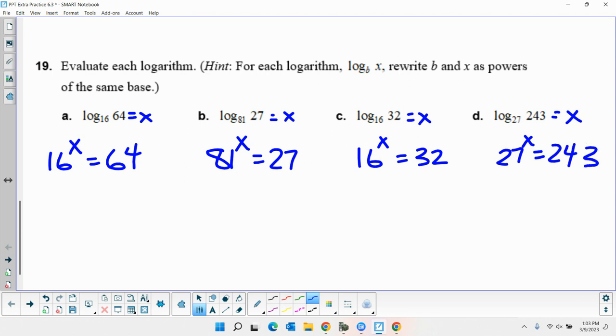Everybody's okay that far, right? These are a little tougher because we have to turn these both into the same base. On the other ones up above, we already had one of the bases they gave us, right? Usually a 5 or 3 or 2 or something. This one we could use 4. 4 to what is 16? Squared. So then there's an x with it. 4 to what is 64?